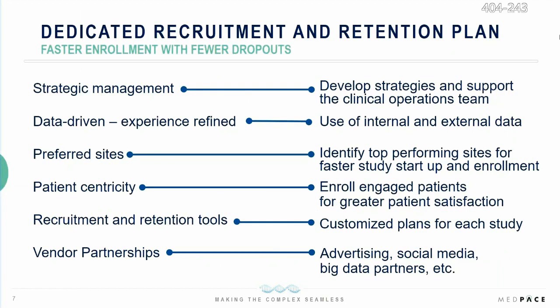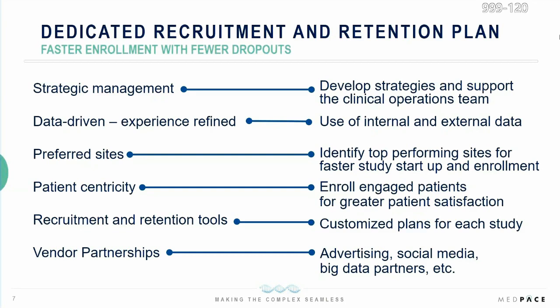Now, how do we address that leaky pipe where we have a large pool of patients, but we know that will dwindle down? You do that by having a dedicated recruitment and retention plan up front. And so what does that mean? That means that you're developing strategies and supporting your clinical operations team from the very beginning of the study.